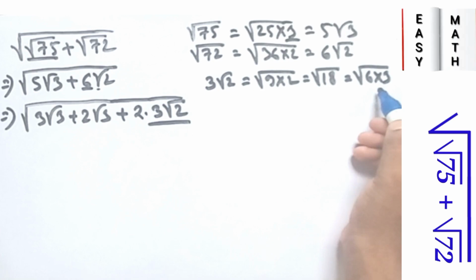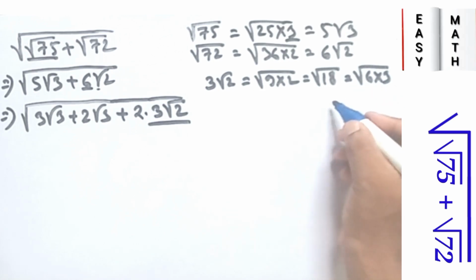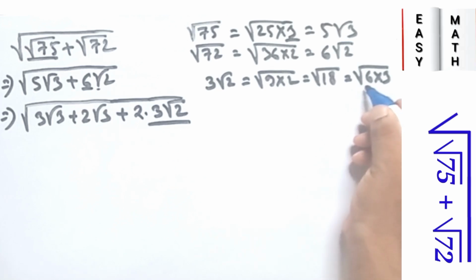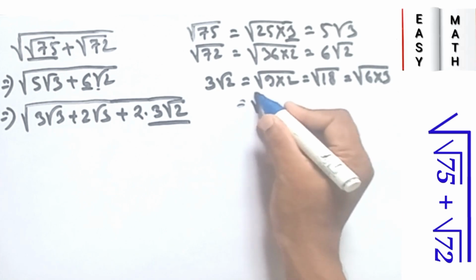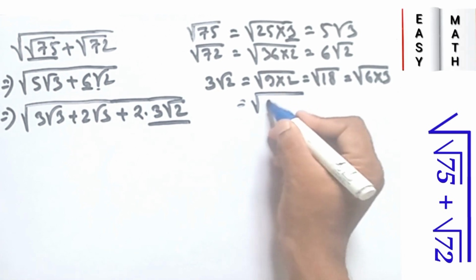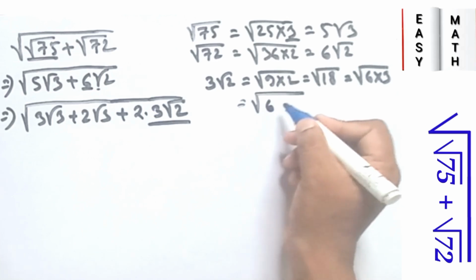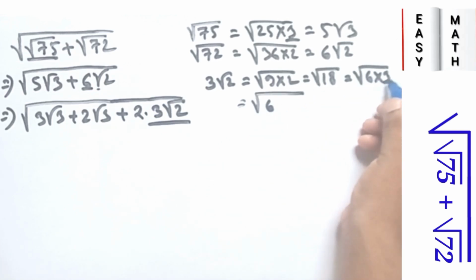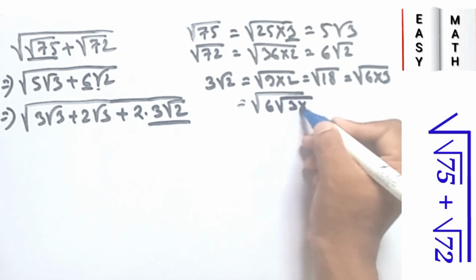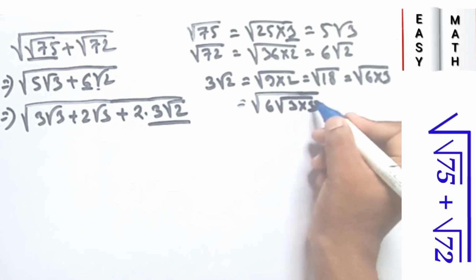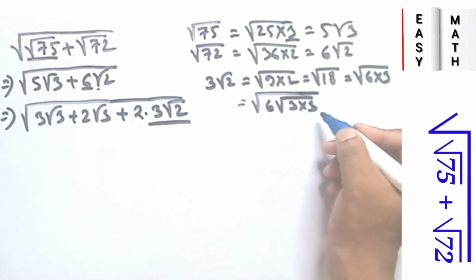And this 6 into 3 we can write: this is the 6, and this 3 is root 3 into 3.